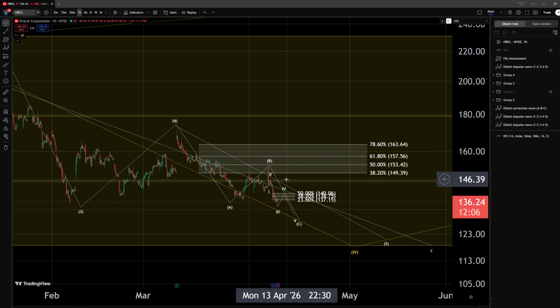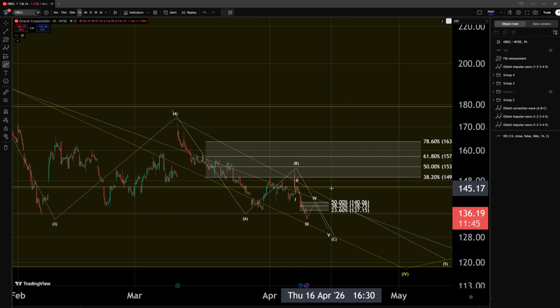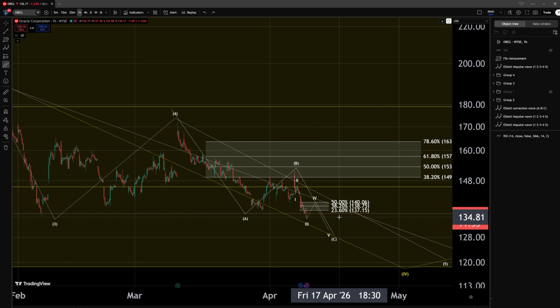Other than that, we have some confluence for the ideal target around the $121 level for the wave C within the wave 5 and the overall wave C within the wave 4 in yellow. But we actually get a counterpoint from the internal structure we have in this latest development to the downside that is suggesting the possibility of a count forming a bottom sooner than you may typically expect. And for now, there isn't much to add beyond this. These are the levels, this is the trade setup.